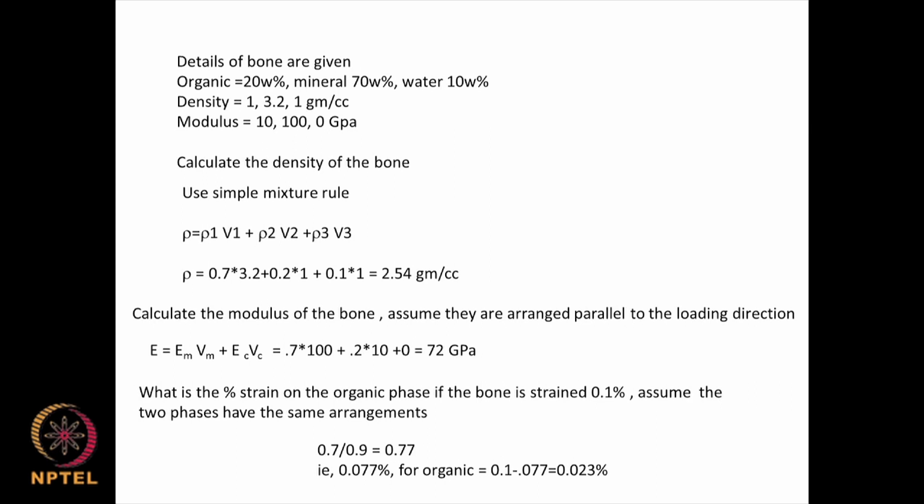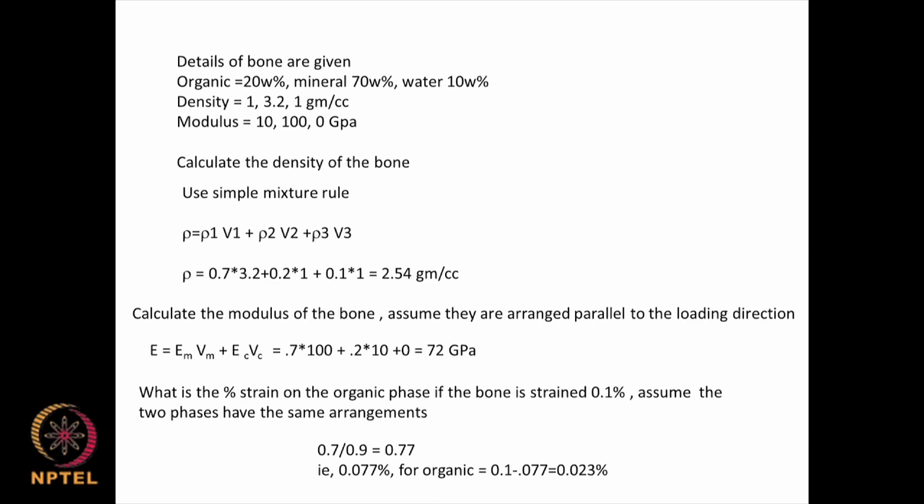So total we have is 0.9, the organic is 0.2, the mineral is 0.7. So this gives you 0.077% for the mineral phase, because we have taken mineral 0.7.